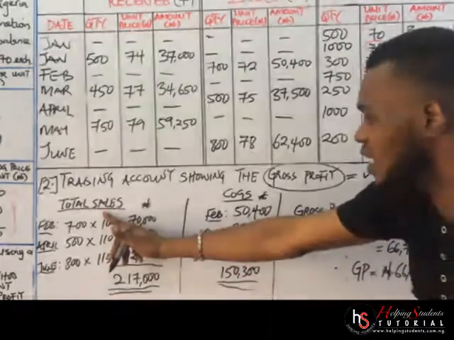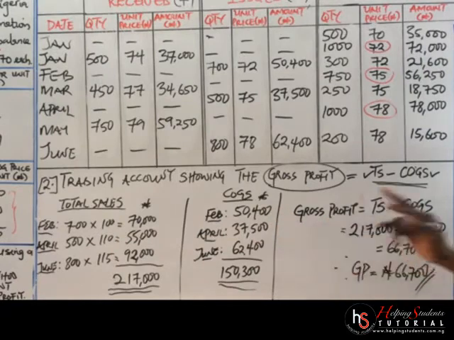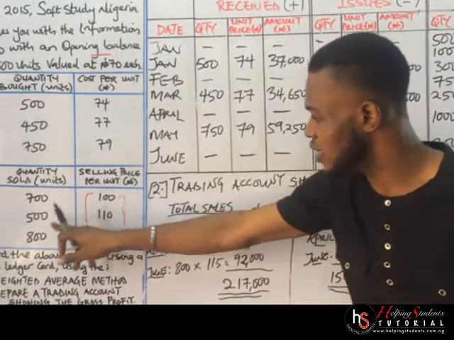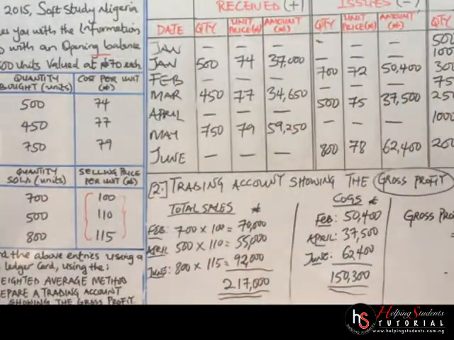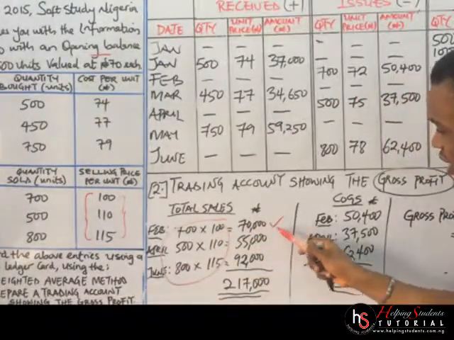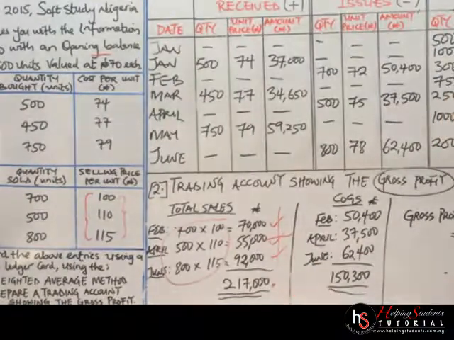This is it. These are the steps to take. Remember, total sales minus cost of goods sold is equal to gross profit. And to get our total sales, we'll multiply this value with this, and this value, which is exactly what we did here, right? The answers we got here, here and here, we added them up to give us this value.